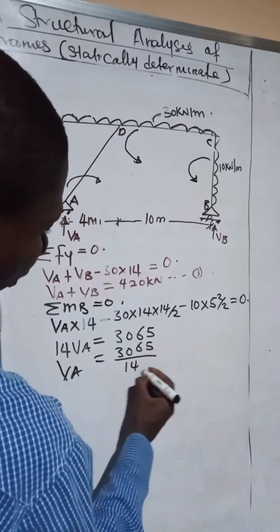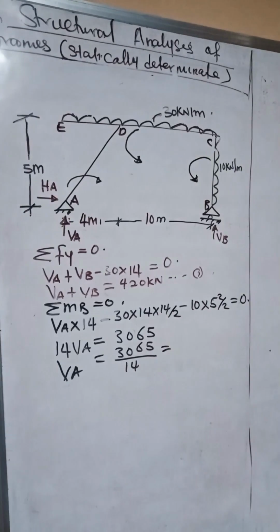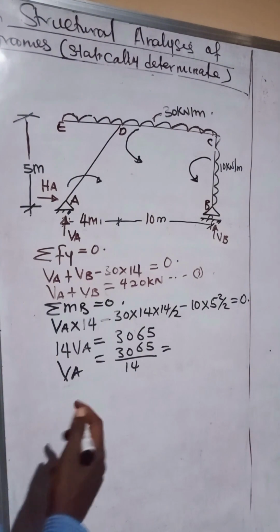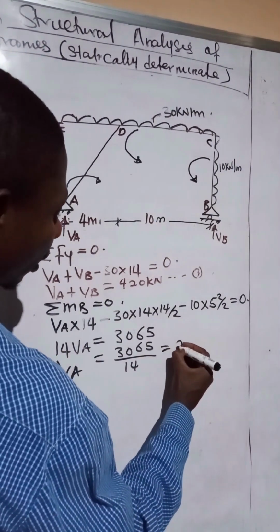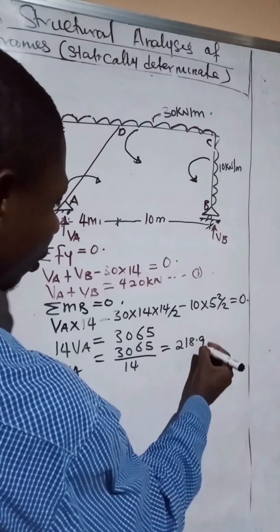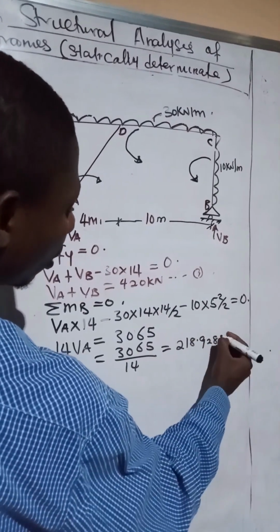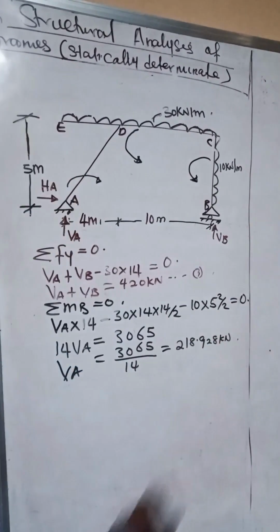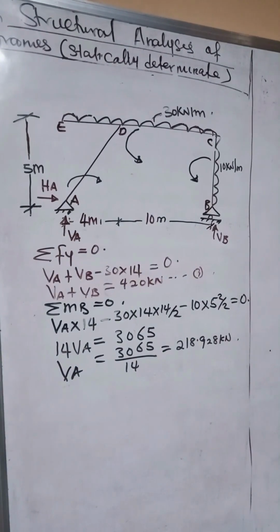Over 14. So if we do that, we're going to have this divided by 14. That will give us 218.928 kilonewton. Okay, so this is what we have as the VA.